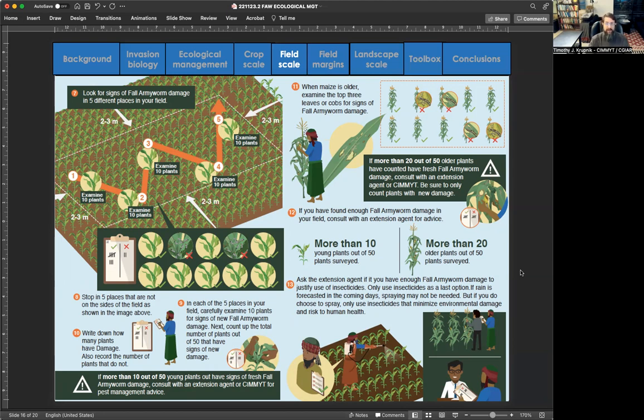And this is much simpler than complex economic threshold calculations that are often put into place, but are designed to really give something that's actionable and simple and easy to use for even smallholder farmers that may not have the best, for example, computational skills to be able to really go into detailed management strategies around economic thresholds.